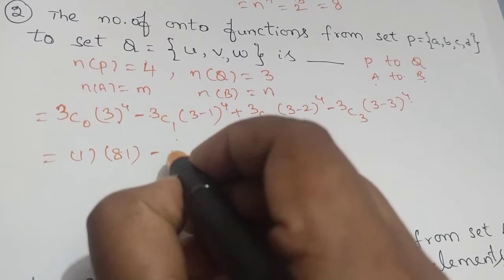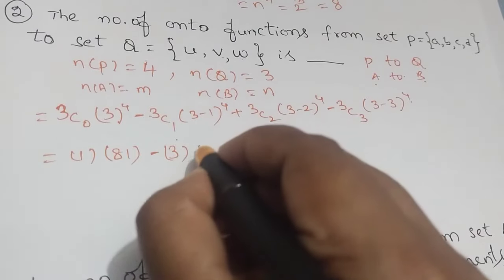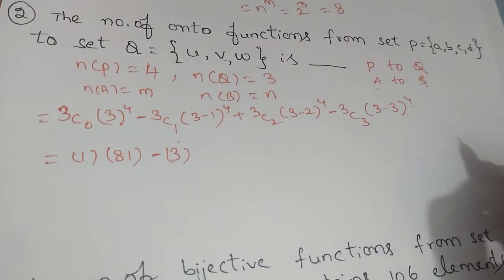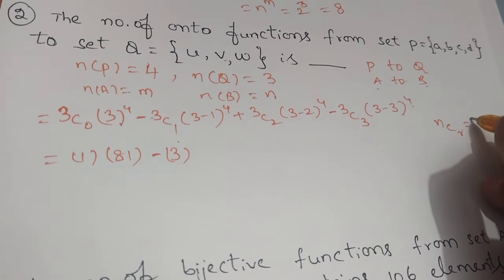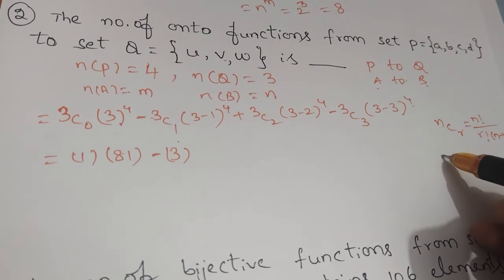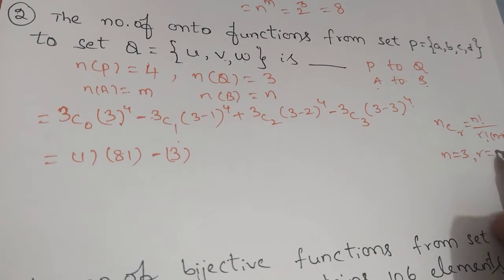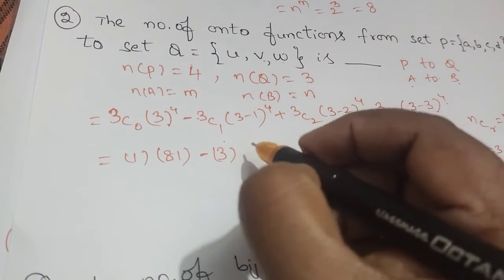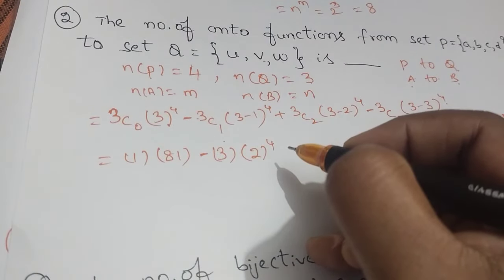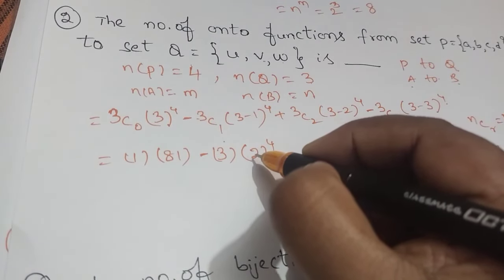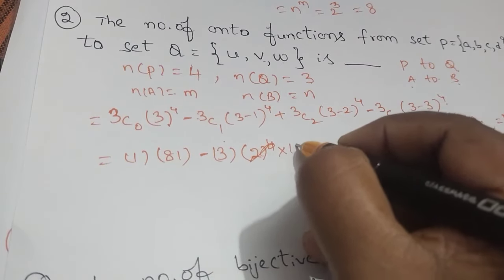Minus 3C1, and 3C1 is 3. How do we find the 3C1 value? Using the nCr formula: nCr is equal to n factorial divided by r factorial times (n minus r) factorial. Here n is 3 and r is 1. Write these values in it and you get 3C1 is 3. Then (3 minus 1) is 2, and 2 power 4 is 16.